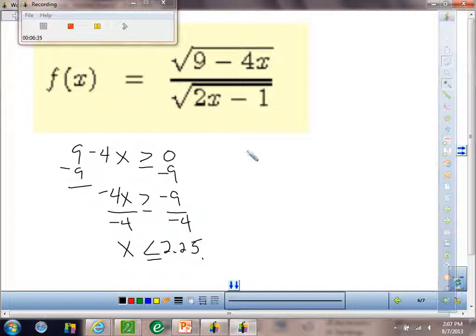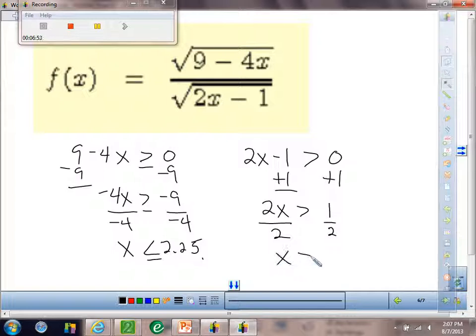Now at the bottom, that's where we would not have the equals to because it can't equal 0. Alright, so let's solve this. So add 1. So we get 2x is greater than 1, divided by 2. So x has to be greater than 1/2, or let's do 0.5. Now this is where we're going to have to be careful with our domain.